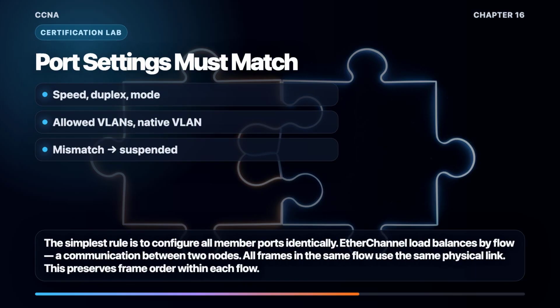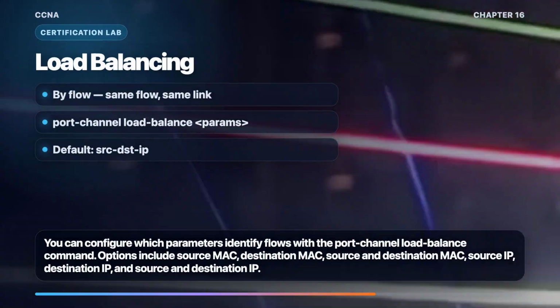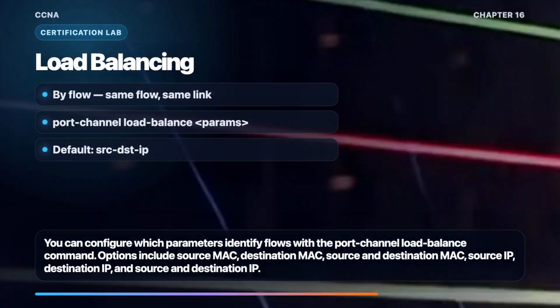EtherChannel load balances by flow, a communication between 2 nodes. All frames in the same flow use the same physical link. This preserves frame order within each flow. You can configure which parameters identify flows with the port-channel load-balance command.